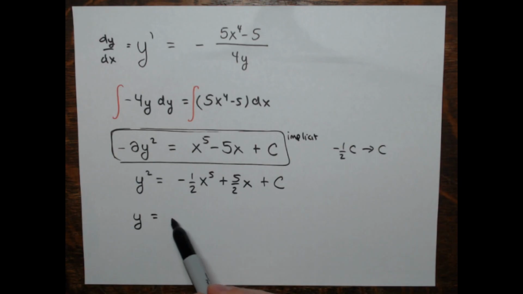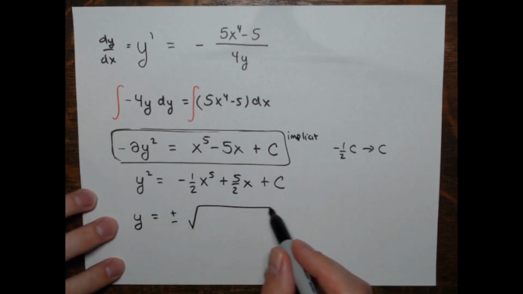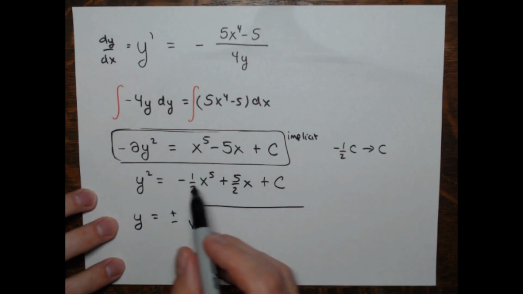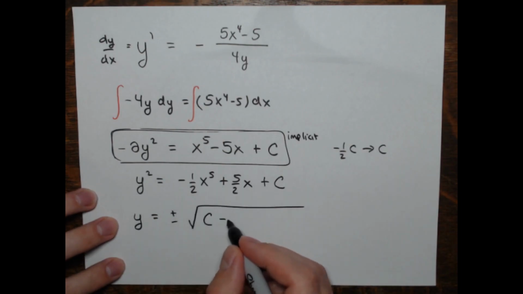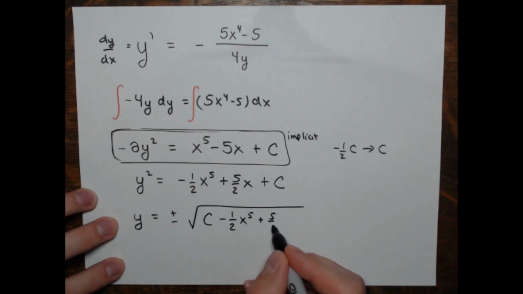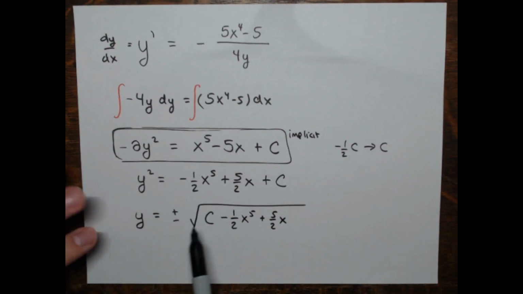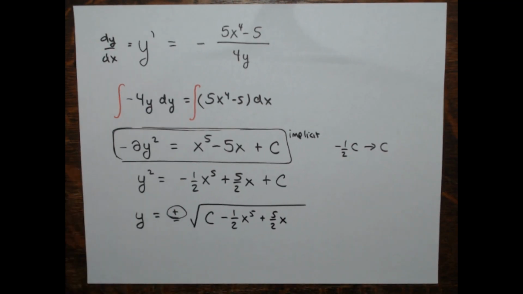Well, it could be one of two, one positive or negative square root of this expression here. I'll put the c in front, c minus 1/2 x to the fifth plus 5/2 x. And we'll just take the positive one. All right, they didn't say anything about any restrictions, so let's just take the nice one for now.